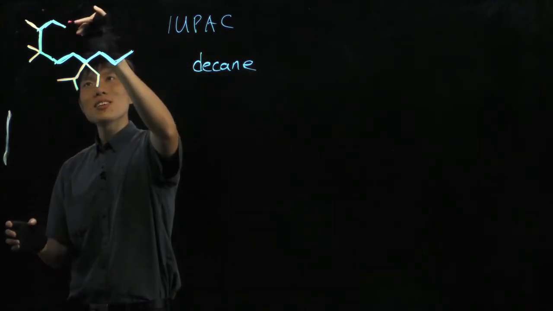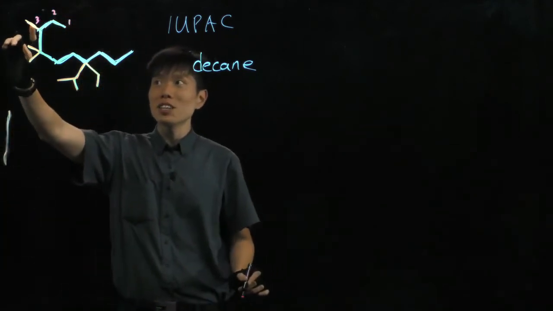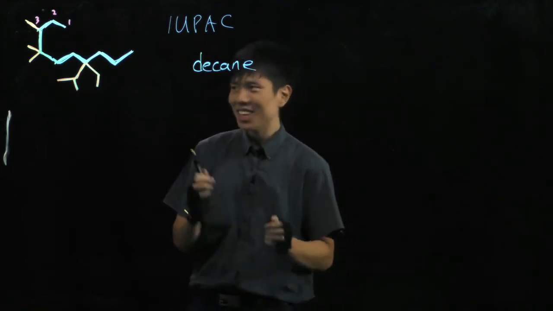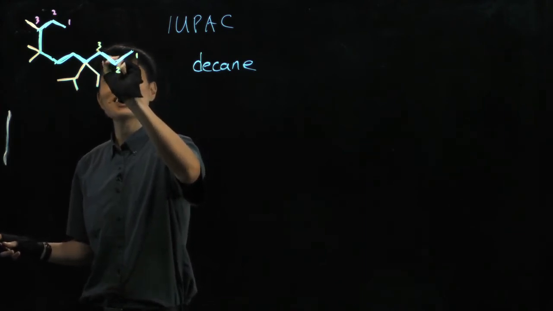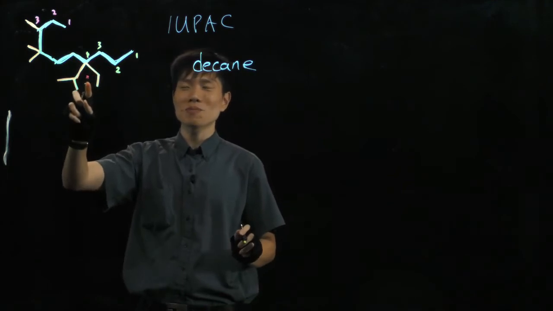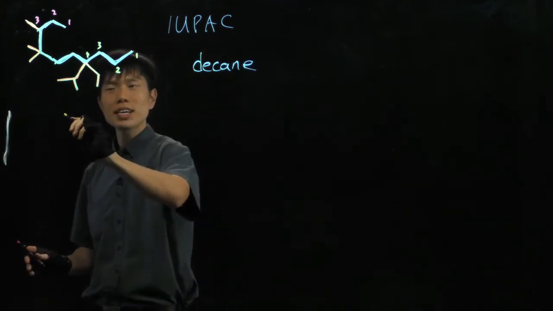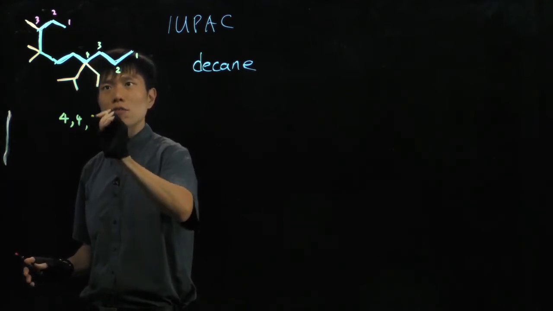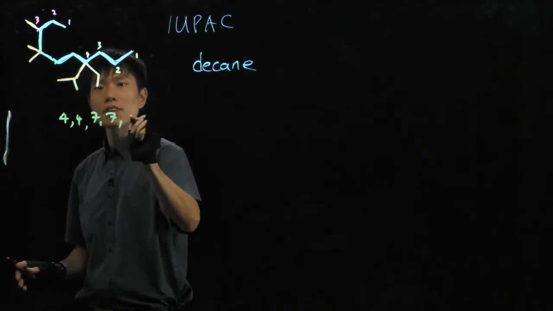If you start from here, 1, 2, 3. The first substituent appears on the third carbon. But if I use my yellow color, hopefully there's no spillage now, 1, 2, 3, 4. You see? Only at the fourth carbon, I see substituents. So with my yellow marker, I'll get 4, followed by 5, 6, 7, 7, 8.